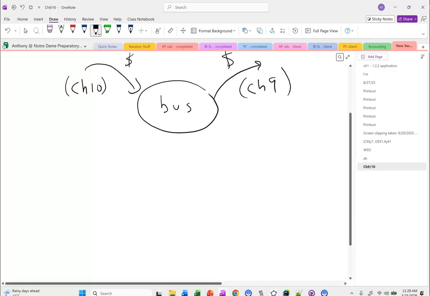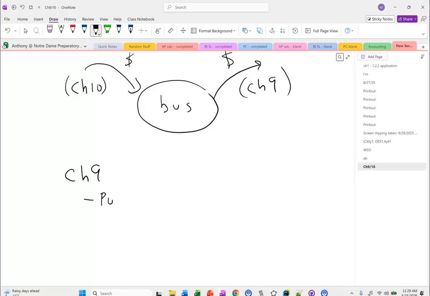So in chapter 9, you have 2 special journals. You have your purchases journal, and then we have our cash payments journal.